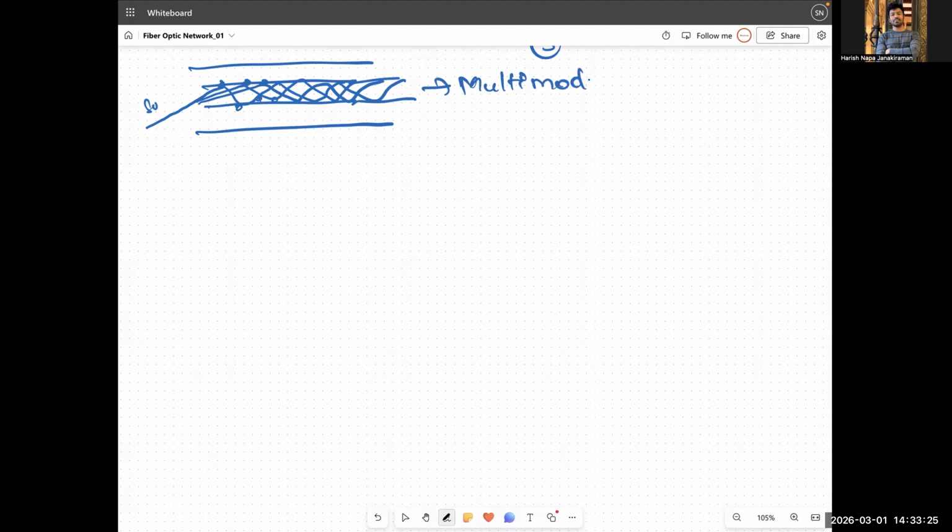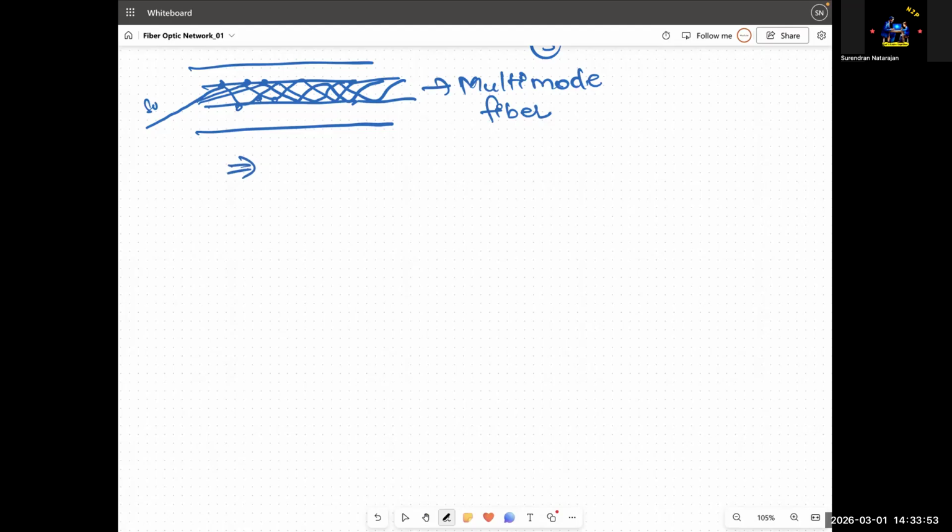What is the only condition for single mode and multi-mode fiber? What decides whether it is single mode fiber or multi-mode fiber? Consider our road example. Depends on the traffic, right? No, I said road example.